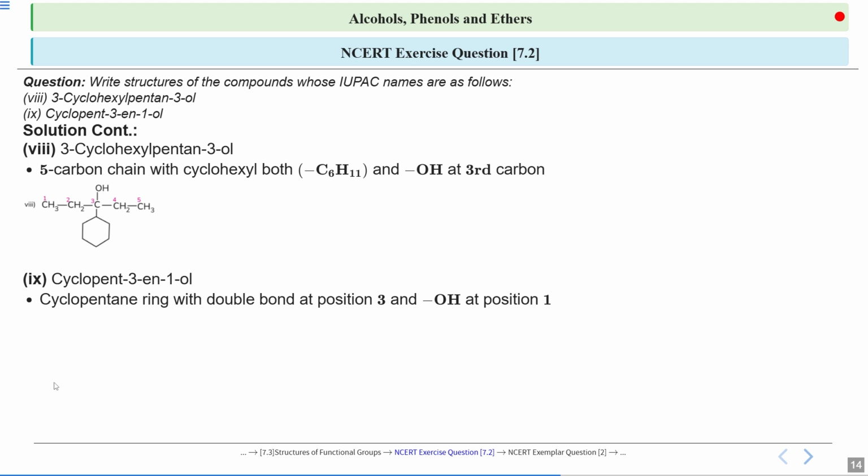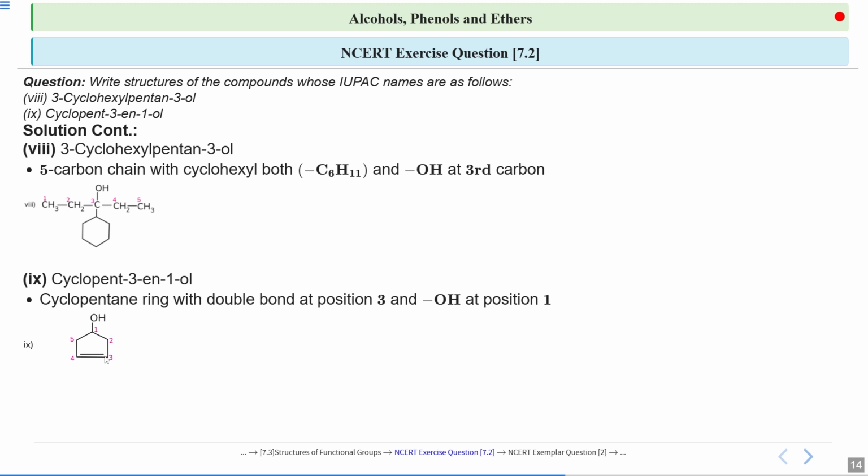So first of all we draw the structure of cyclopentane. Then at the third carbon we have the double bond. Now you have to decide whether the third carbon is double bonded with the second or the fourth carbon. You cover that by understanding that at the very first carbon we have the hydroxyl. So from first to third, you move 1, 2, 3 and then 4.